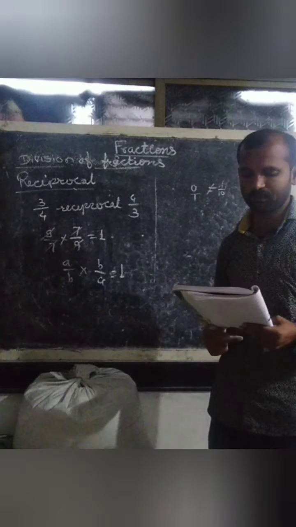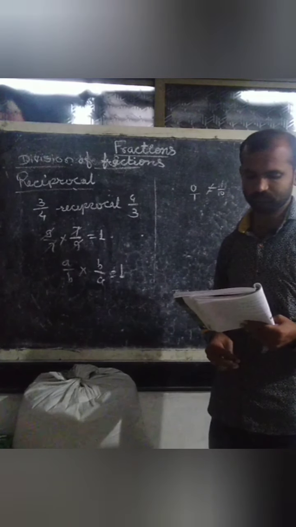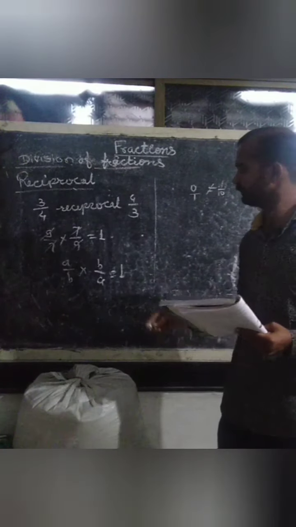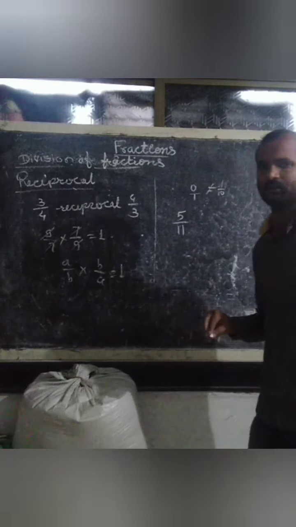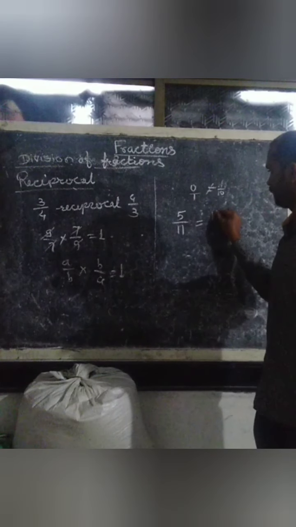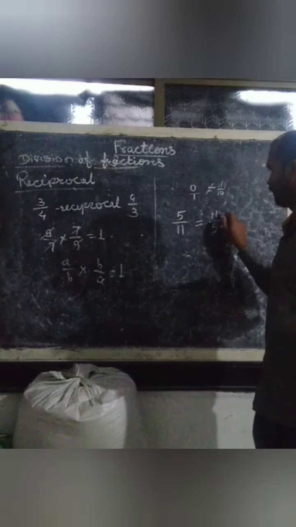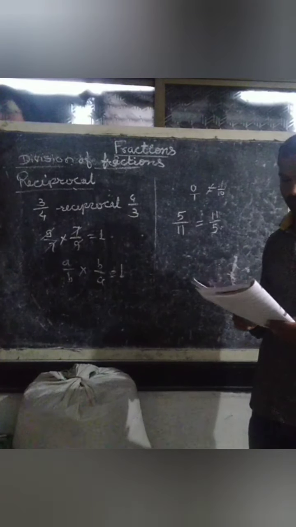For example, 5 upon 11 is a proper fraction, but its reciprocal is 11 upon 5, which is an improper fraction.